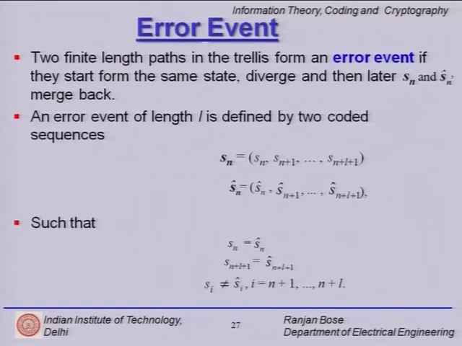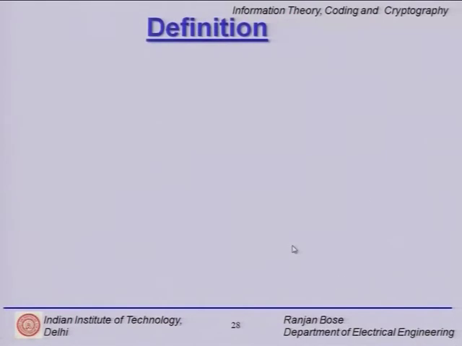So, let us look at an error event definition. We have already defined that we have a sequence S_n, this is a vector of S_n, S_n plus 1 and so on, but we have L branches, up to S_n plus L plus 1, and we have a received sequence, or the estimate that we try to get in terms of the guessed sequence that we sent, and we would like to get S_n equal to S hat_n.